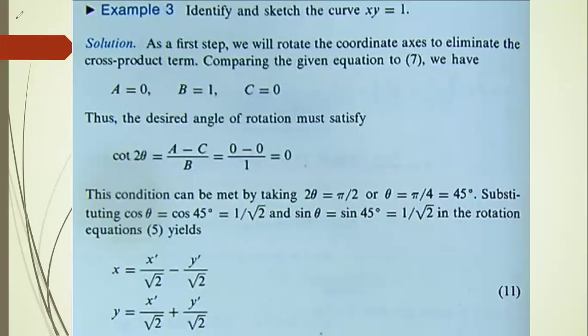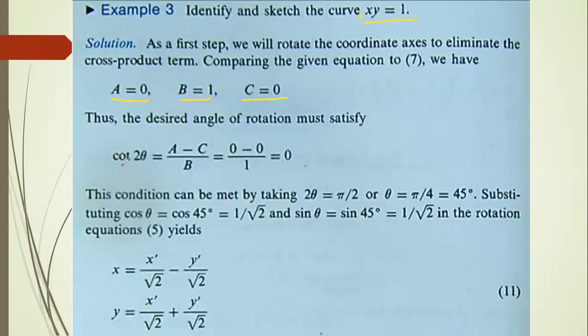So example 3, identify and sketch the curve yx is equal to 1. So the first one, we know we do not have an a term. We have our yx equal 1. So in front of yx, we would have gotten 1. So b is equal to 1 and c is equal to 0. And we want to know what the rotation is.